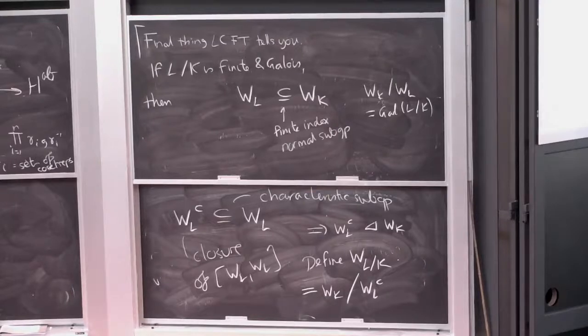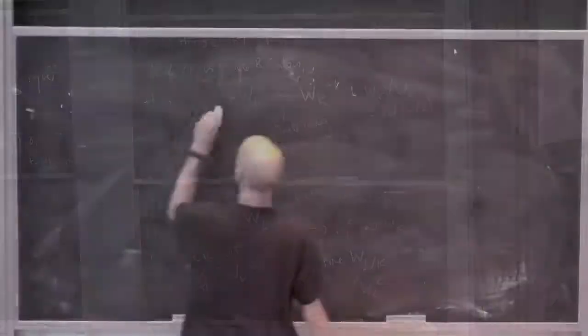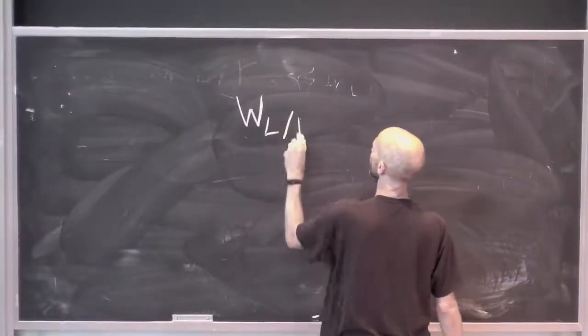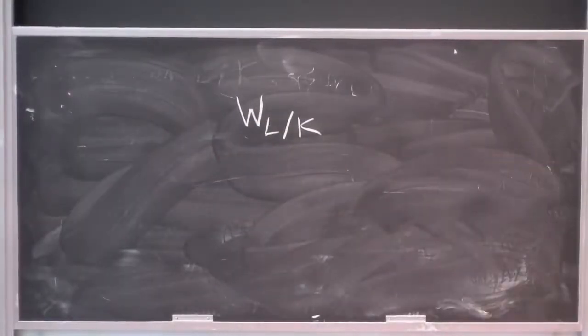This W_{L/K} is WK over WLC. And so W_{L/K} has some structure, right? This is the quotient of WK by WLC, but we have this WL, right? You see this? We have WK, and then WL, and then WLC.